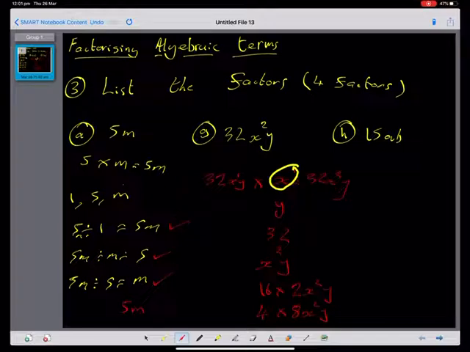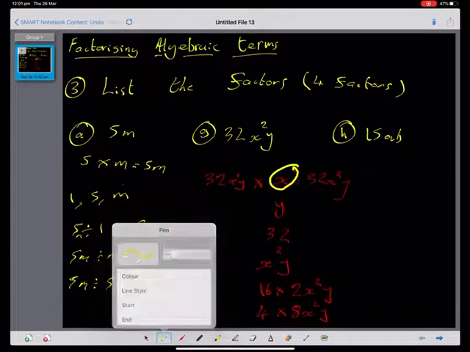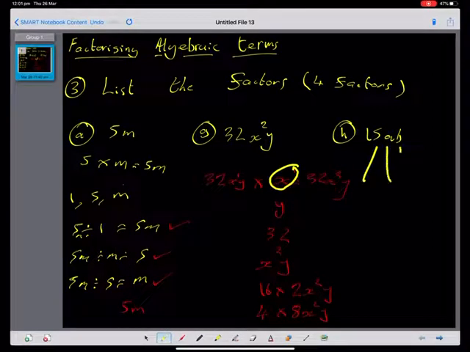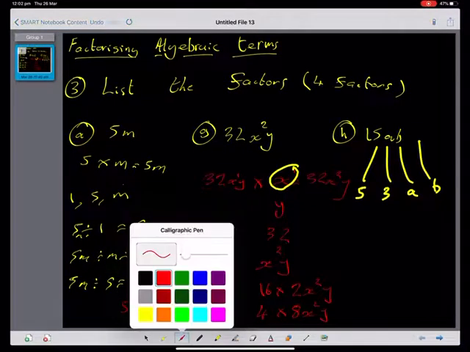Okay, so for h, we need 4 factors. 1, 2, 3, 4. So we've got b, we've got a, we've got 3, and we've got 5. And let's show some workings there. It's important that we show a solution.